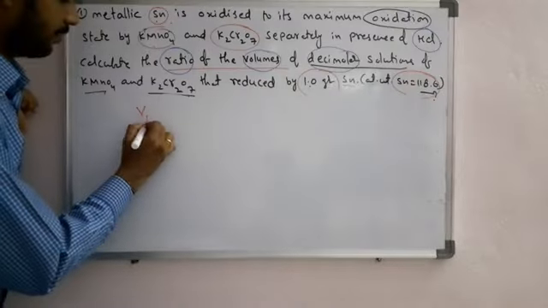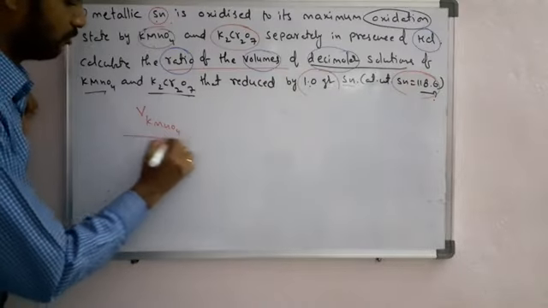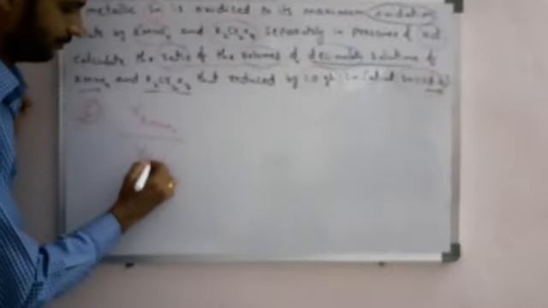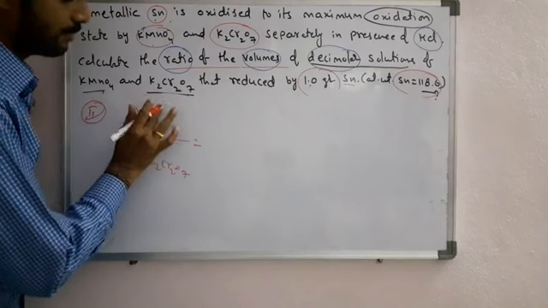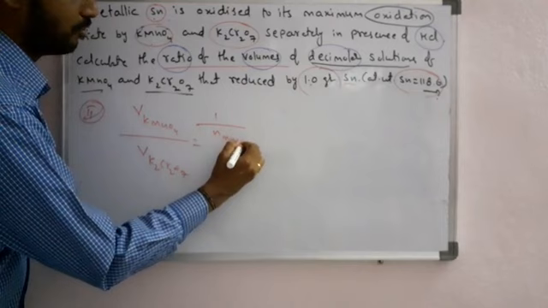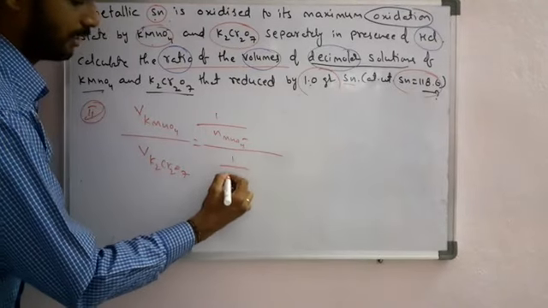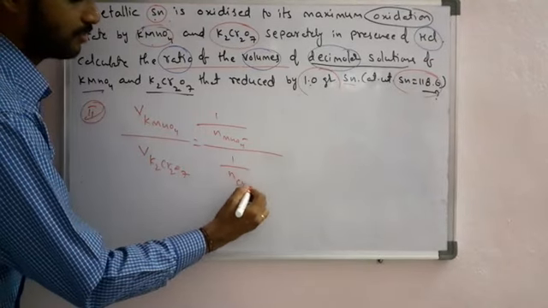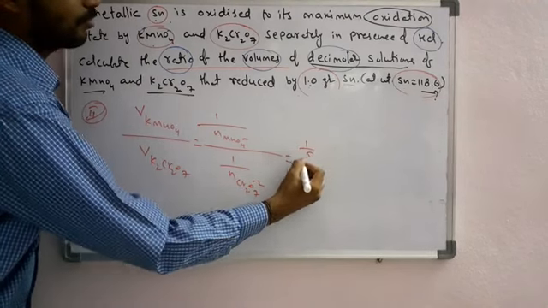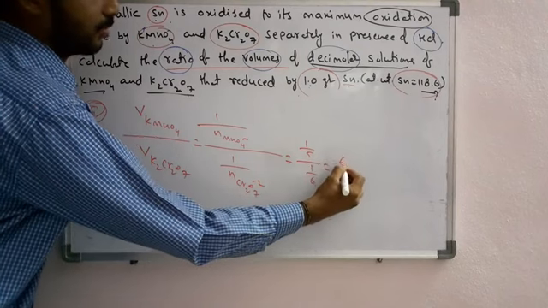That is, their values are reciprocal, for example the value of KMnO4 by the other. So this is an alternate method. Their values are always inversely proportional to their n factors. That is, 1 by n factor of MnO4 minus by 1 by n factor of Cr2O7 2 minus, which is equal to 1 by 5 and 1 by 6.